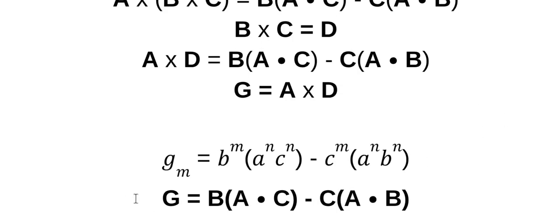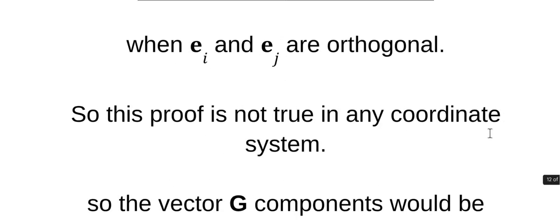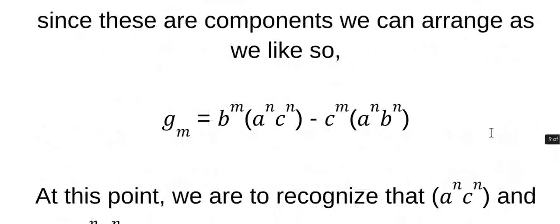So this is saying that the components of this vector G is equal to the components of B times this dot product, which only works in orthogonal coordinate systems, minus these components times this component of this vector times this dot product. Okay, so I mean it does work. It's limited to what you can do with it, but it does work.